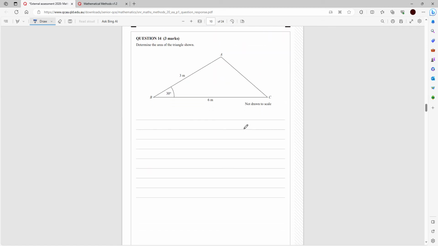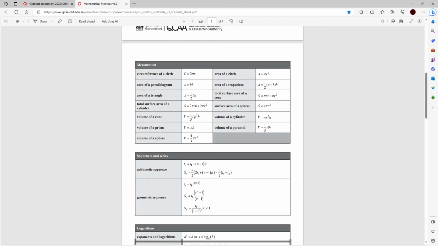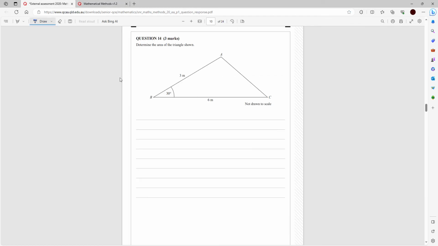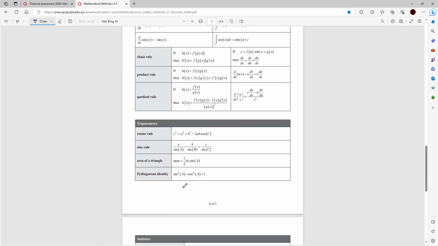Alright, so this is a bit of trigonometry. What you'll do is go straight to your formula sheet, the Maths Methods formula sheet you get given, and we're looking for the area of a triangle. If we go straight to the trigonometry section, there it is.